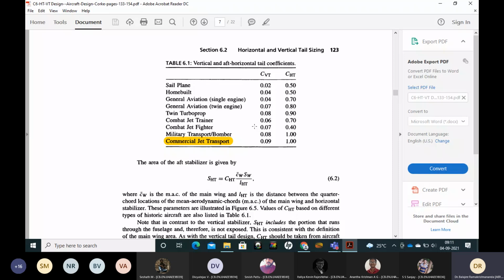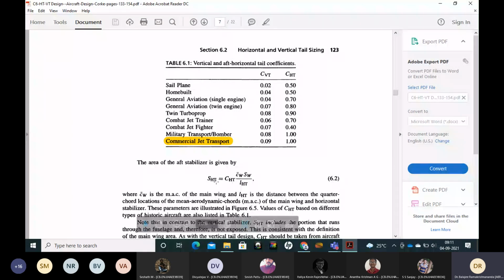Choose your type of airplane and choose CVT and CHT from this. This is usually given for conventional tail configuration. For H tail, V tail, T tail, etc., you may have to modify these a little bit.